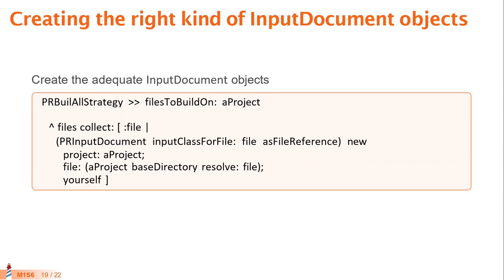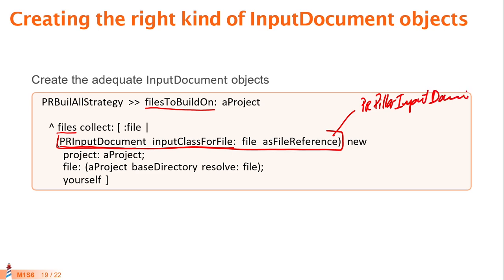So what you see is that at the end, now we can revisit the code of files to be built that I showed at the beginning. And what we do, we say, oh, given a set of files, we just want to create the corresponding input documents, because this method here will return either a Pillar input document, or a Microdown input document.